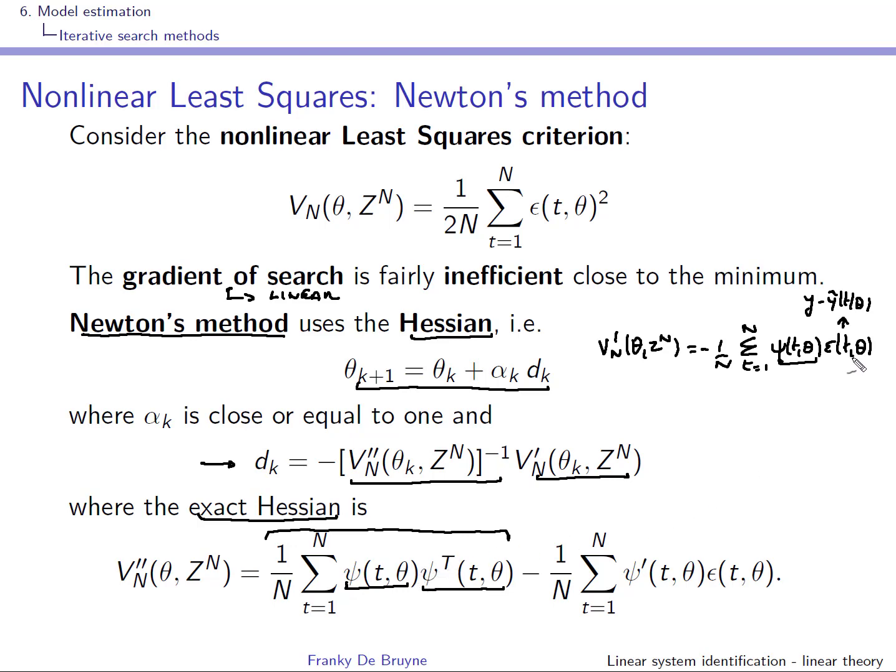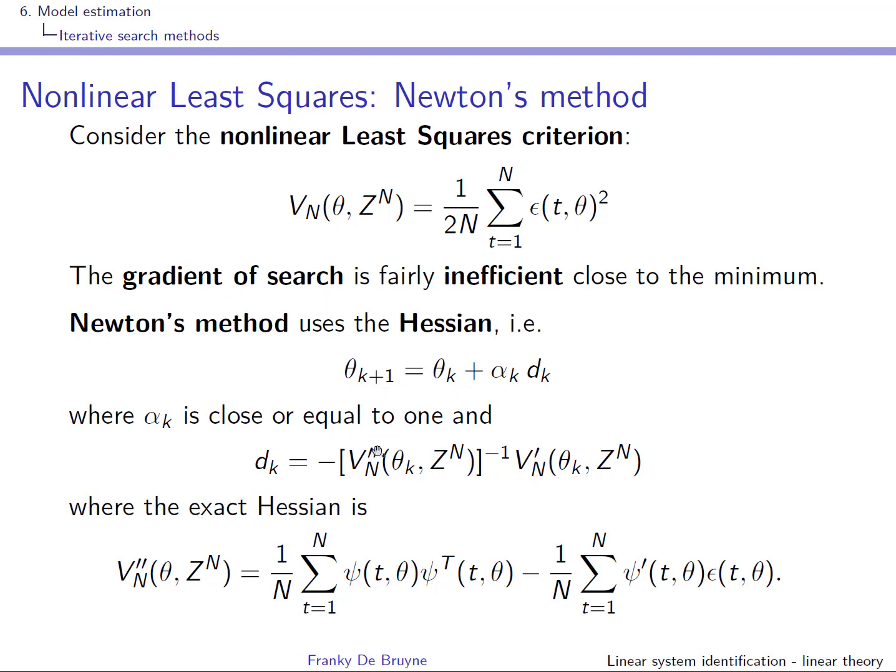The other term involves the derivative of psi, a matrix here, times epsilon, and here we keep the minus sign. So this is the expression of the exact Hessian.